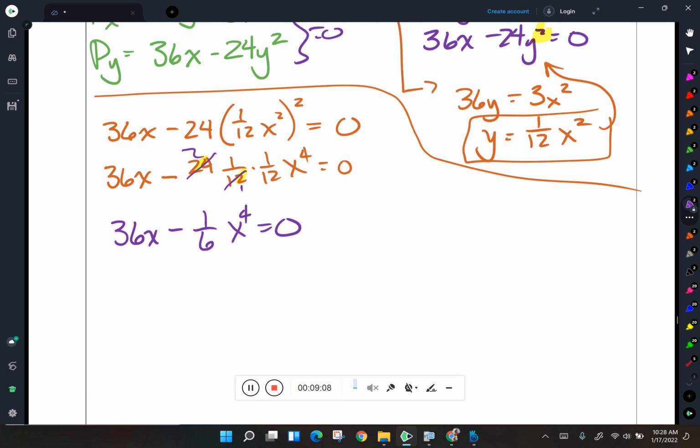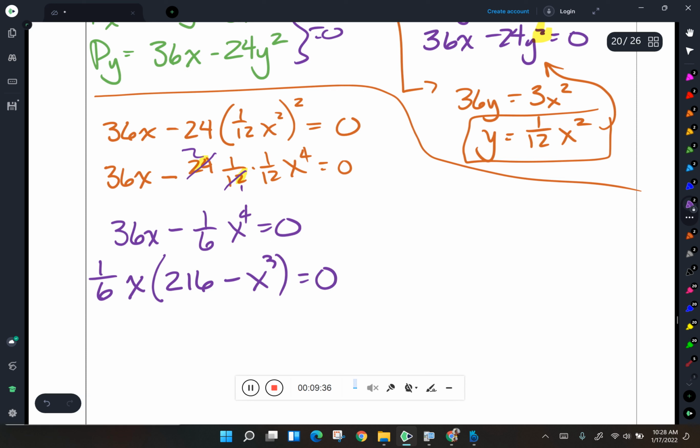Looks like I can factor out something. Looks like I could factor out a 1/6 x. So let's see, what's 36 divided by 1/6? 36 divided by the quantity 1/6 is 216. So that'd be 216 minus x cubed equals 0.